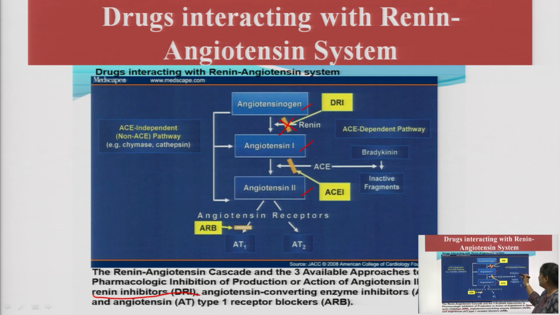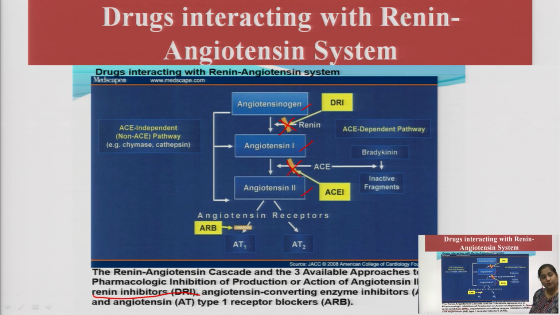Here the bradykinin is converted into inactive fragments, and ACE is working here. ACE converts angiotensin 1 into angiotensin 2. ACE is called angiotensin converting enzyme. So, we need to stop here also.